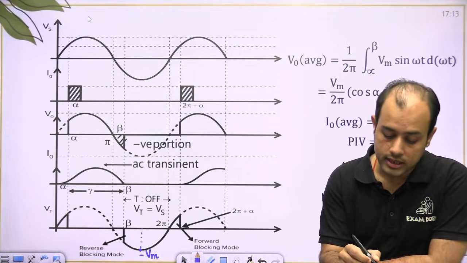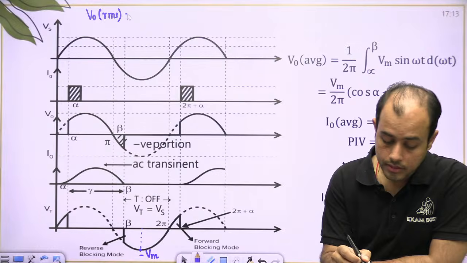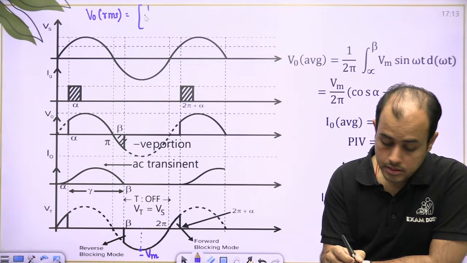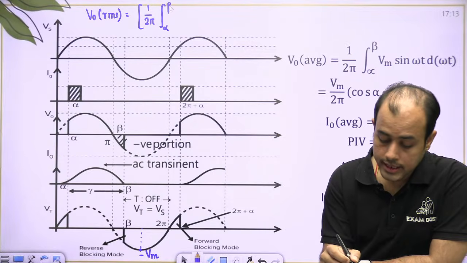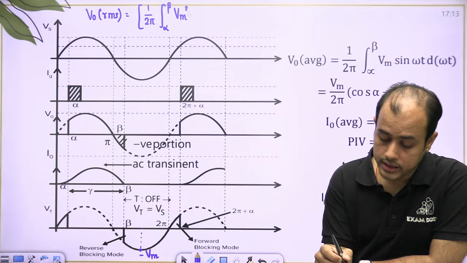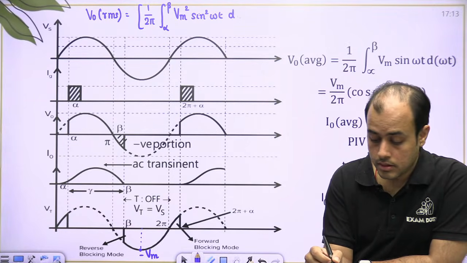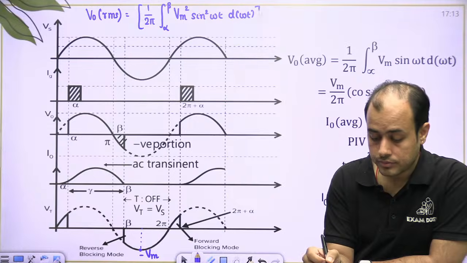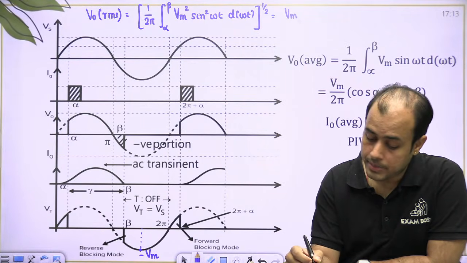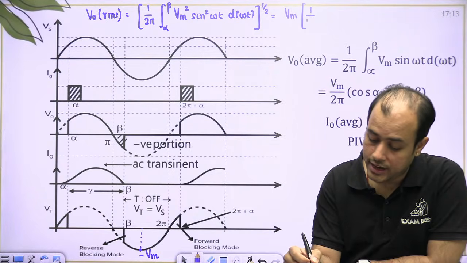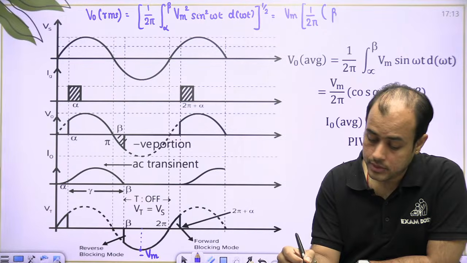And what about V naught RMS? One by 2 pi, take the integration of the square. Okay. तो देखो, अगर आप बेसिक समझ जाते हो ना, what will every load do, then it becomes very easy actually.